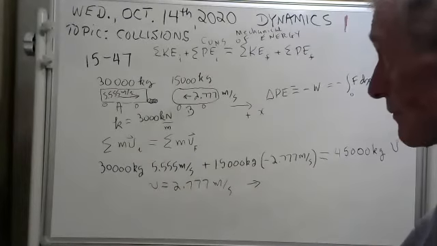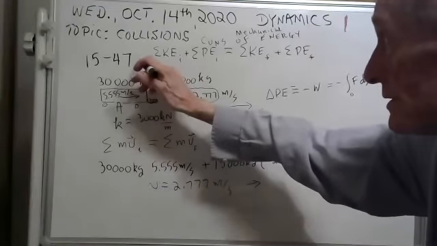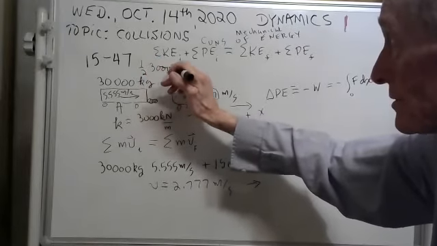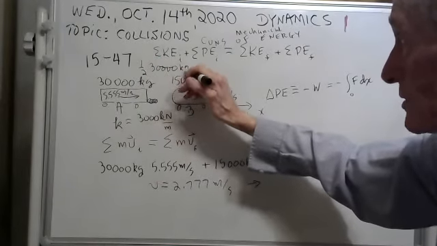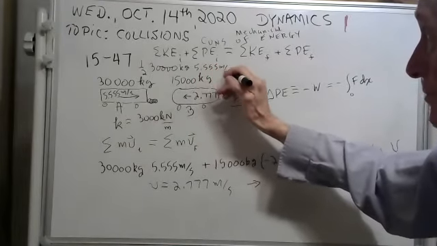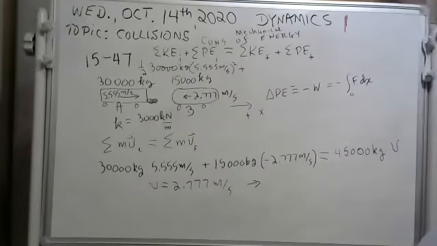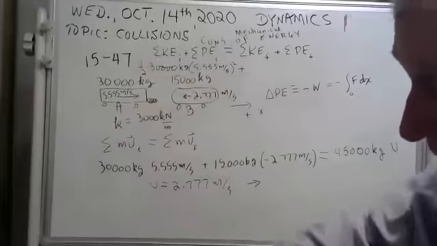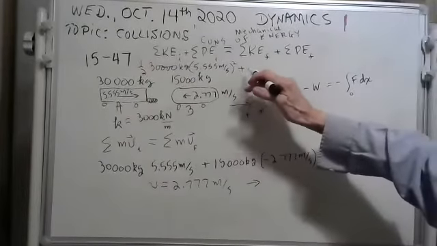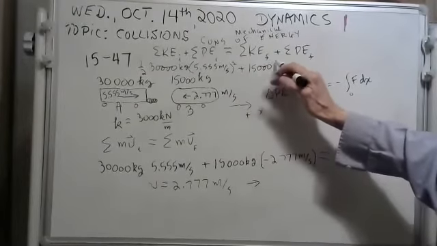Here we go. Now, the initial kinetic energy is 1/2 times 30,000 kilograms times 5.555 meters per second squared, plus. Now, kinetic energy is always plus. I don't care if you're going to the left and the velocity is negative. See, when you square a negative, you get a plus. So this one here is going to be 15,000 times 2.